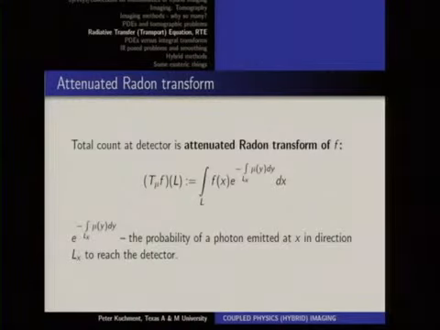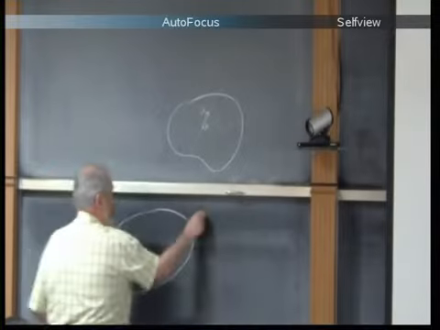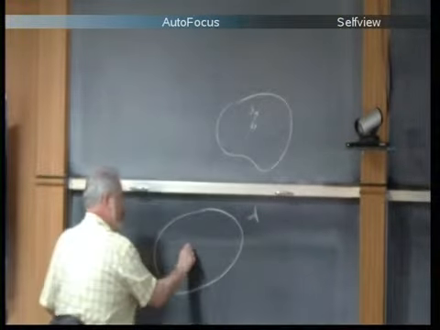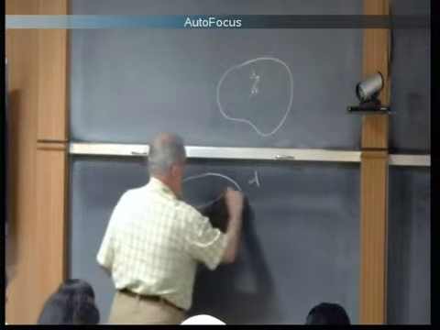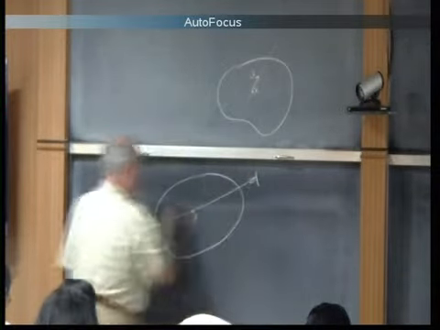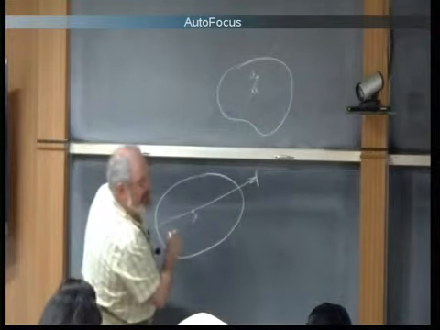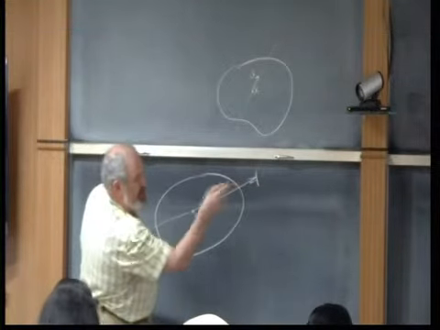Let me explain what it is. It's just solving this inhomogeneous ODE, but the meaning is the following. So here is your detector. Now the sources are here inside. So you have a source at the location x of intensity, oh, it should not be f of x.